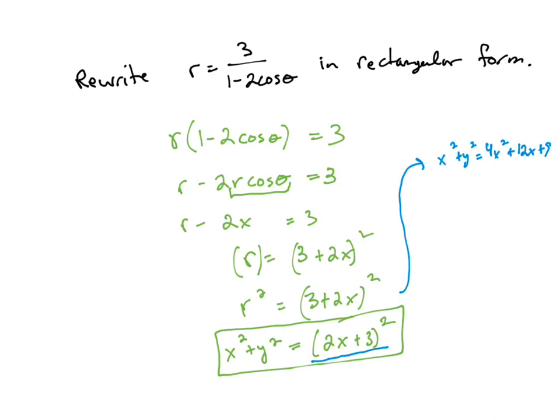If I get all the terms to one side, I could rewrite this as 0 equals 3x squared minus y squared plus 12x plus 9, and the graph represented by that equation is a hyperbola. And that's it.